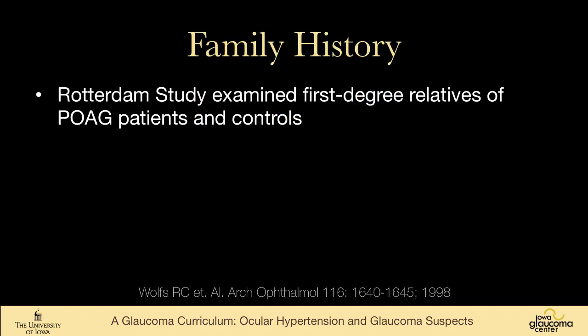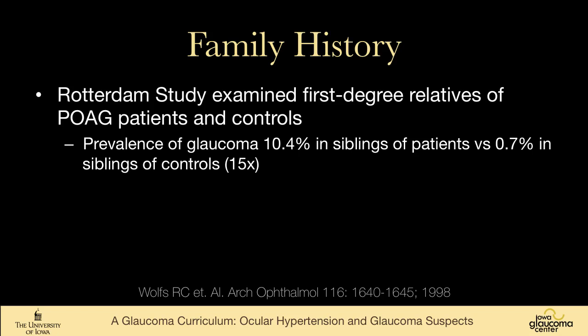Lastly, family history. There are some patients who have very strong family histories of glaucoma. We certainly see this in people with myocilin, juvenile onset glaucoma. But if we look at adult primary open-angle glaucoma, the Rotterdam study found that the prevalence of glaucoma in siblings of patients was 10.4% versus 0.7% in the siblings of the controls.